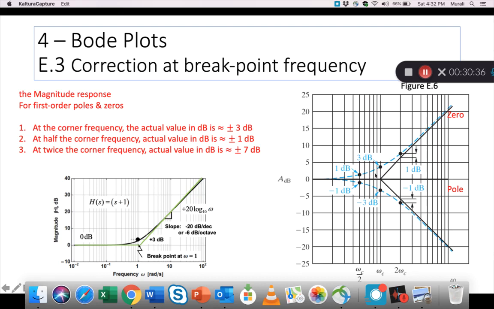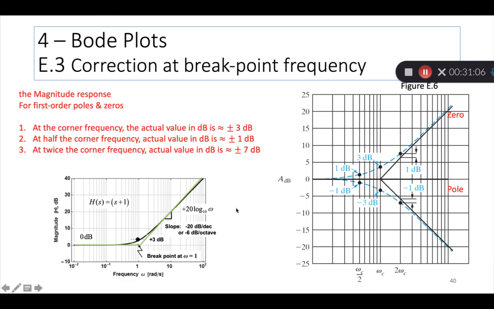While here the actual line is 3 dB, because we are starting at 0, you can say the correction is also 3 dB. So anyway, this is the logic behind the correction business, and here I show you the same result I showed you previously for this problem, not only the straight line approximation but also the actual value.